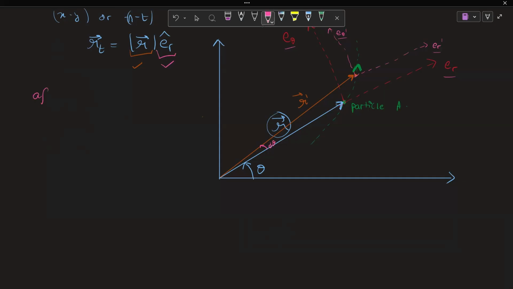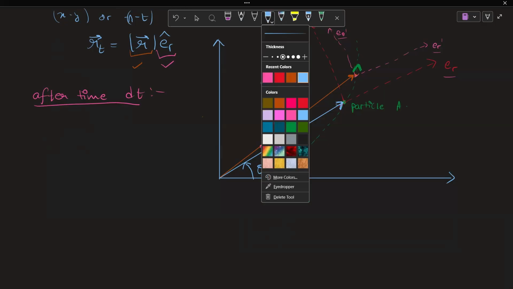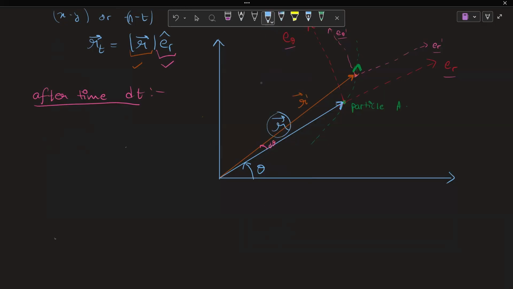So after time dt, what we will observe is that the original r vector was in this direction, and the new r vector is in this direction.